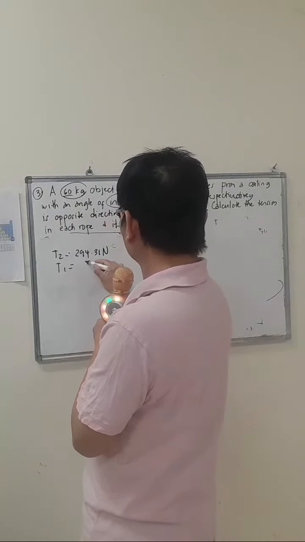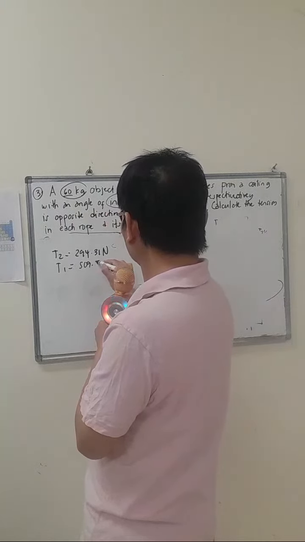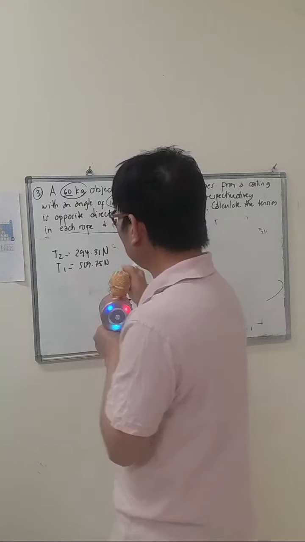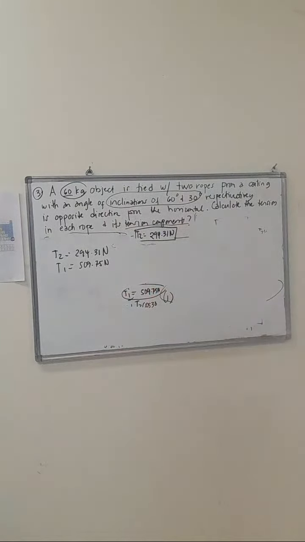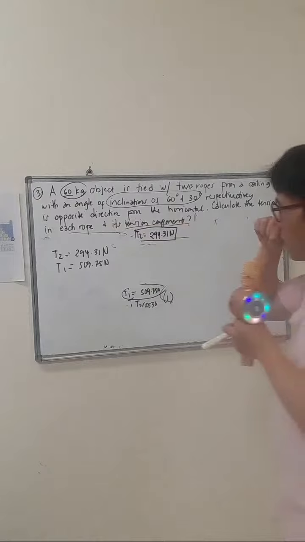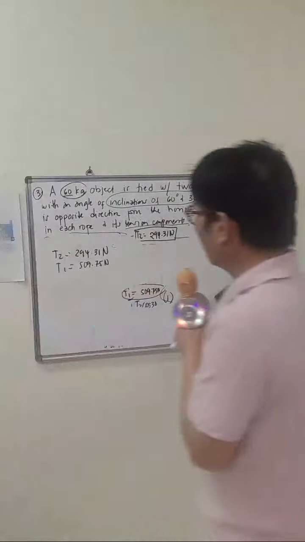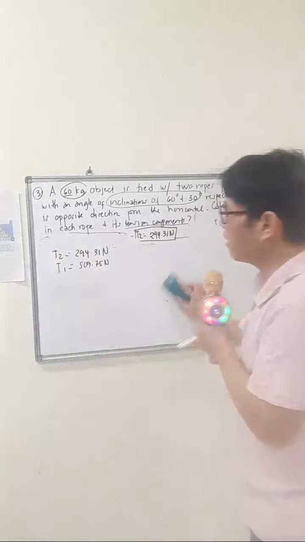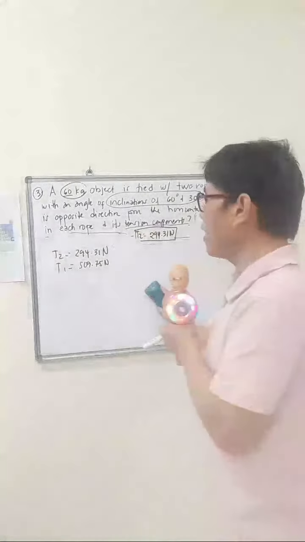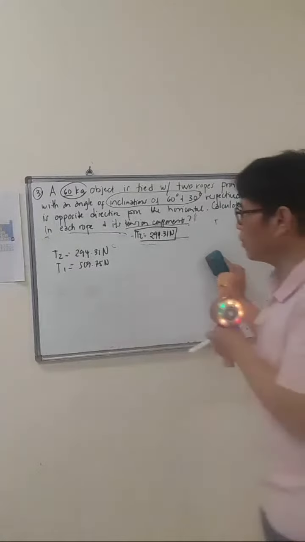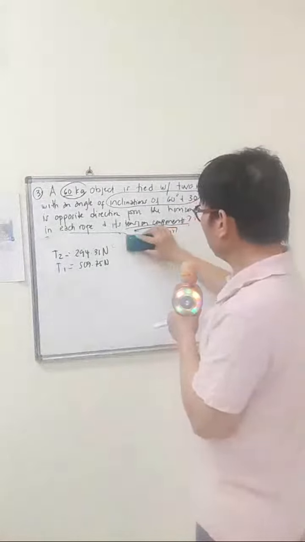T1 is 509.75 Newton. Meaning to say, tension 1 has a greater tension force than tension 2 of the second rope. Why? Because the other one has a higher angle of inclination, which is 60 degrees.